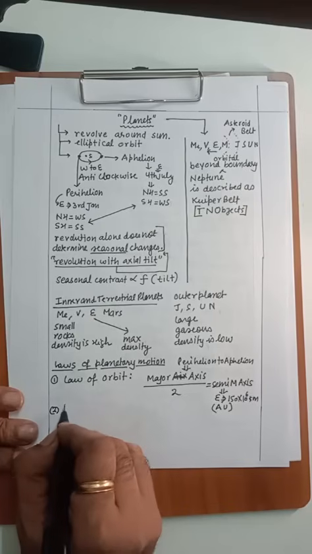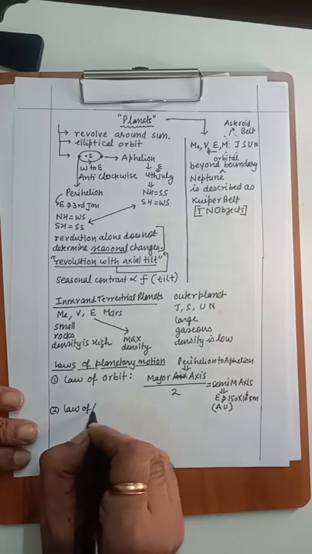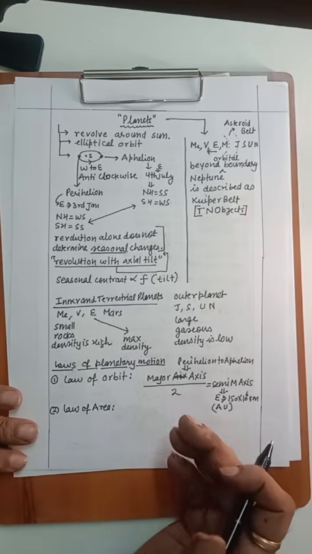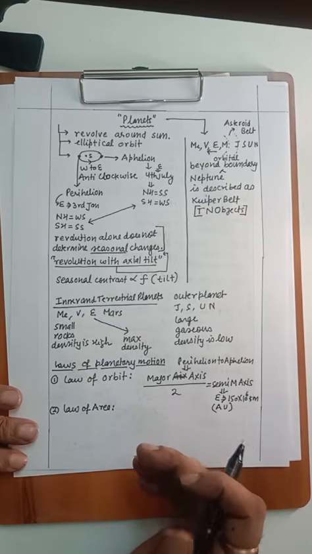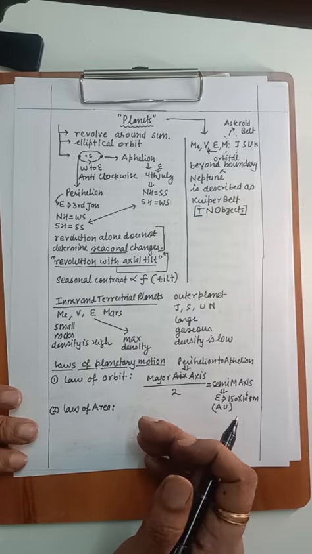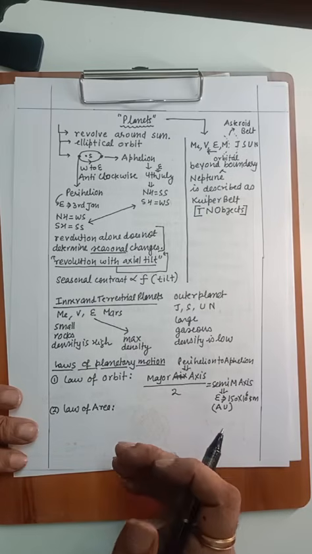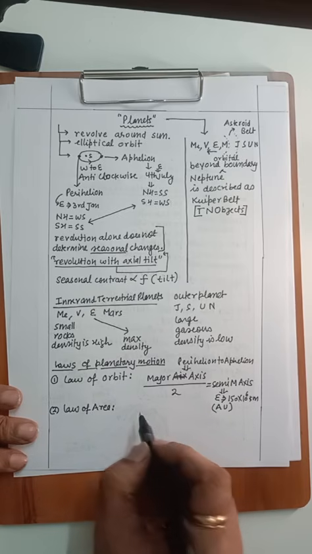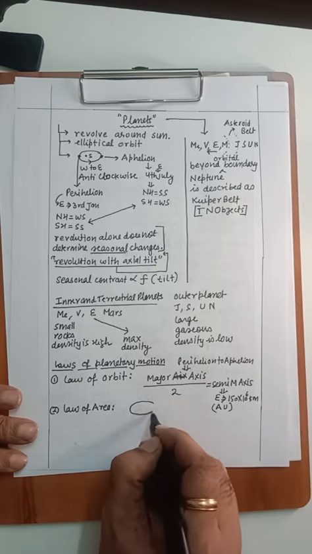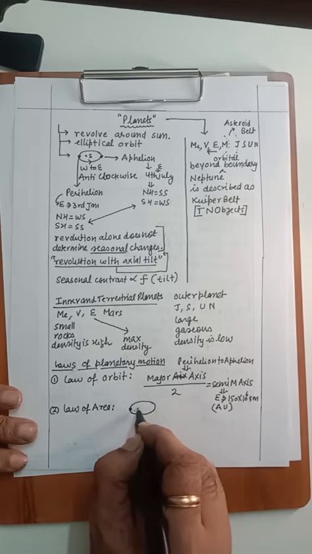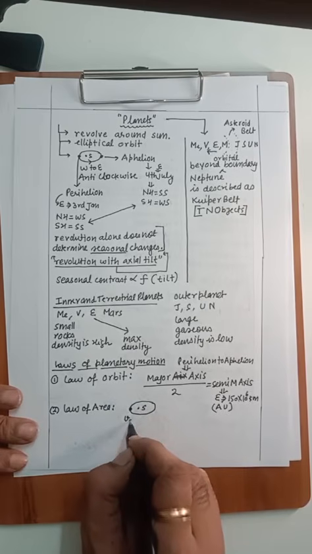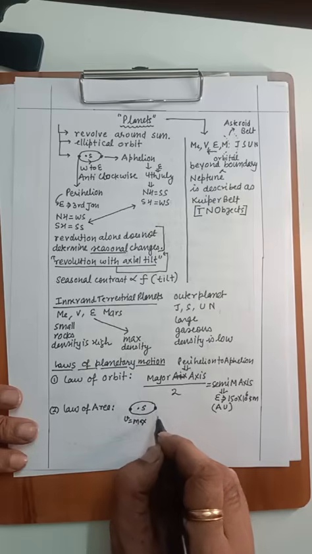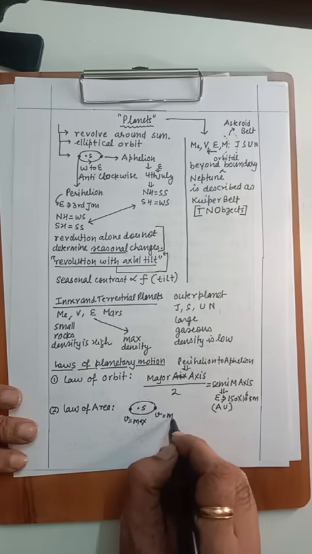The second law is called the law of area. According to the law of area, the area covered by a planet in its elliptical orbit in a duration of time is constant. As we develop the law of area further with conservation of angular momentum, we come to the conclusion that while a planet is at perihelion, its speed is maximum, and while a planet is at aphelion, its speed is minimum.